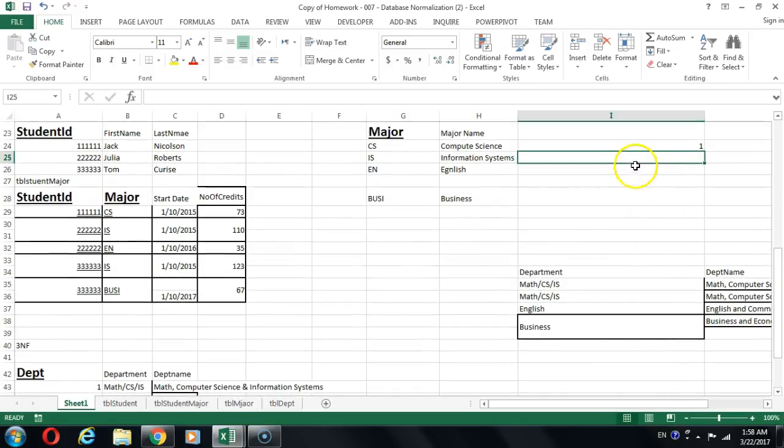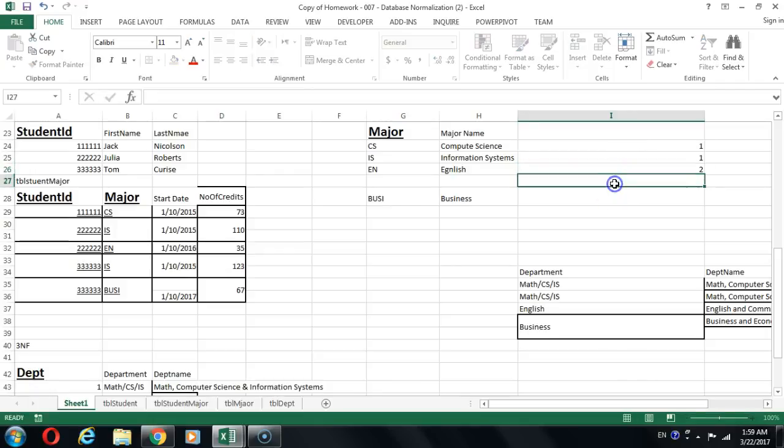Every time we see anything to do with the major computer science or information system, it's the same department. So we're going to have 1, and here we're going to have 2, and here 3. Of course, this space should never have existed anyway, but I inserted it by accident, so we have to remove that.